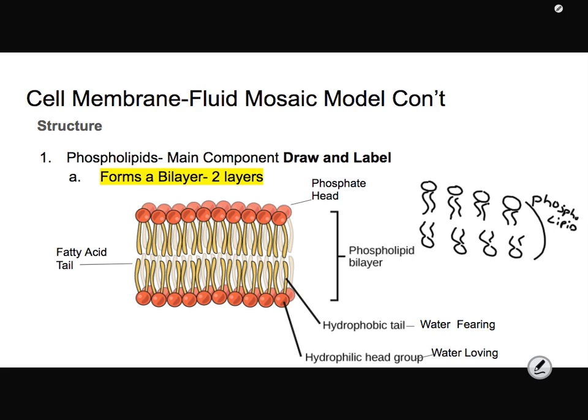You people are going to have to draw in proteins at some point. I'm going to say this is inside the cell. I'm going to say this is outside.